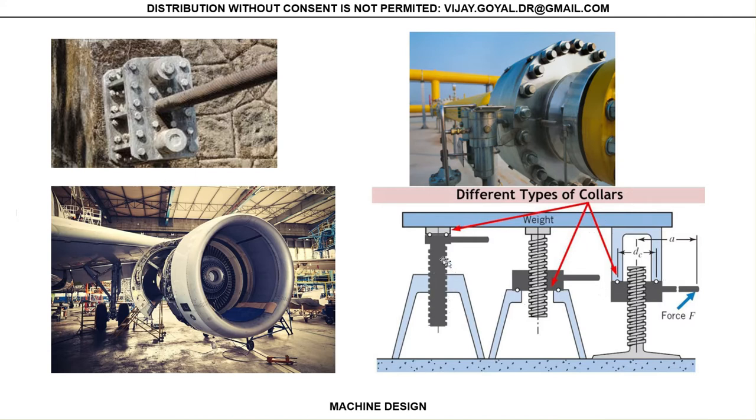Now in this application, you could probably ignore the collar. In this application, you cannot ignore the collar. The collar and the screw and the system actually act all together. So there are different ways to analyze and study this problem. Depending on the case you're working on is the type of analysis that you will use.